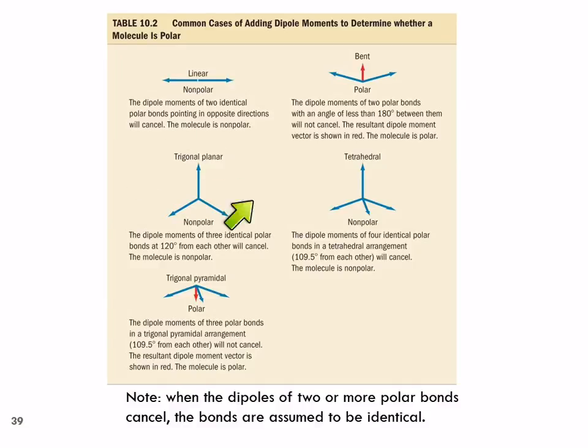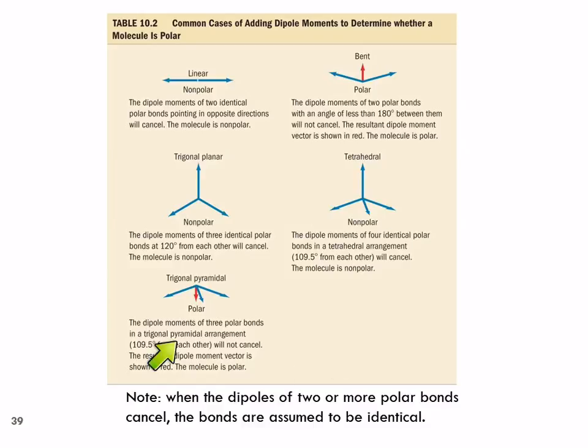If you have trigonal planar and the magnitude of each of these vectors is the same, that's going to add to 0. If you have a tetrahedron and the magnitudes are the same, that's going to add to 0. If you have a trigonal pyramid with the same magnitudes, it's going to have a net dipole, and it'll be a polar molecule.